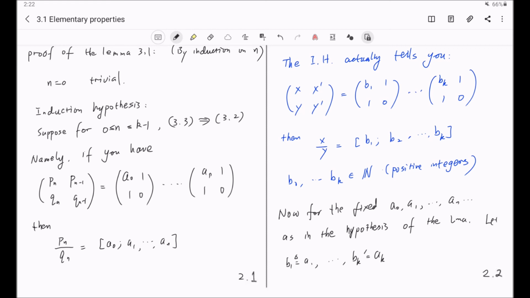So we take b sub 1 through b sub k to be those specific numbers. After doing this, we will see x over y is just equal to the continued fraction defined by starting with a sub 1 all the way through a sub k.